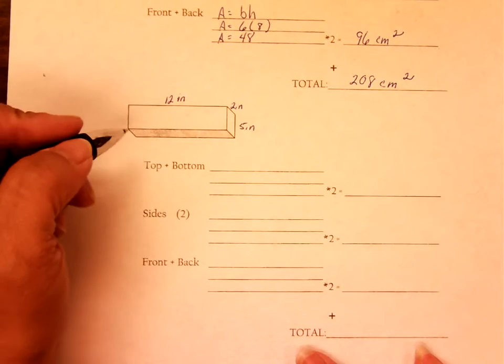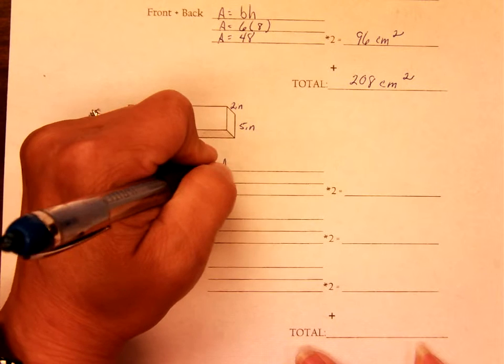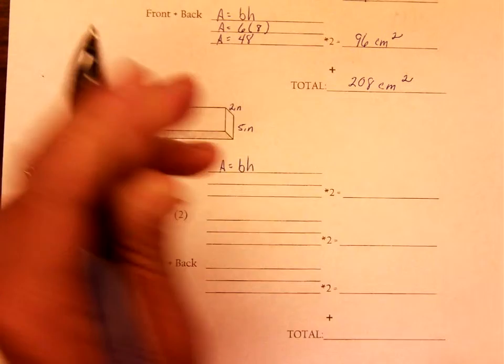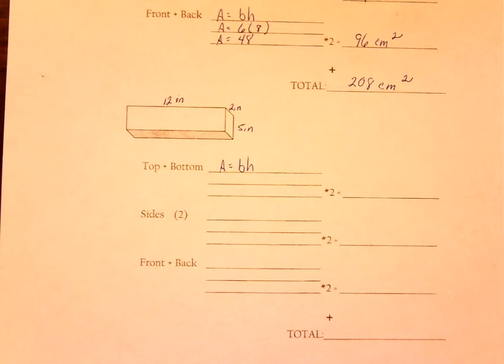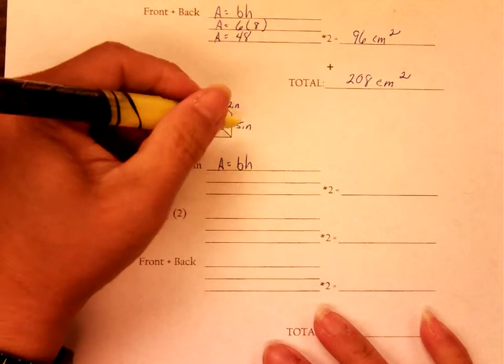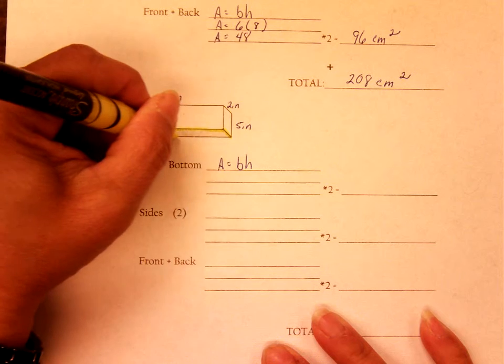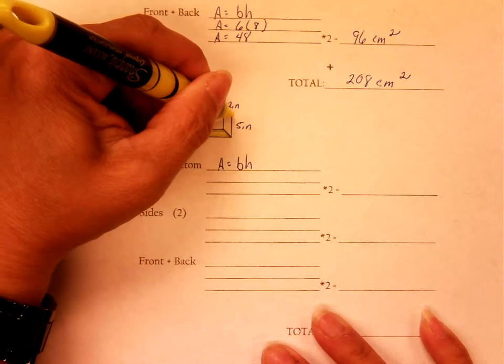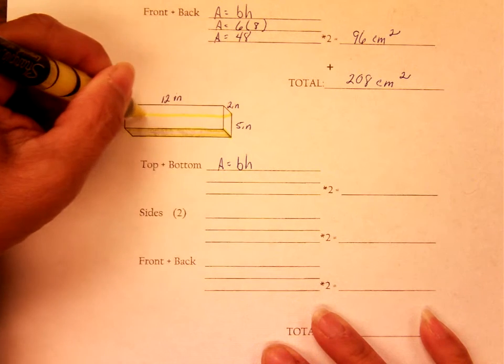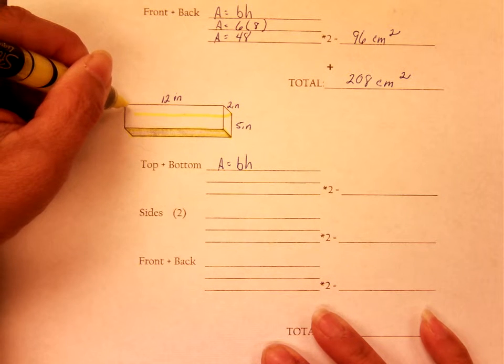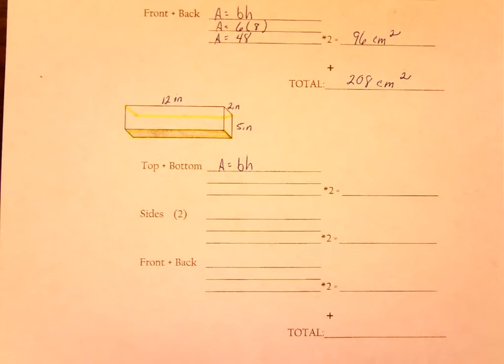Alright, so you should have had top and bottom. Area is equal to BH. Looking at this, my bottom would be this down here, and then over here would be this. This would be my bottom.